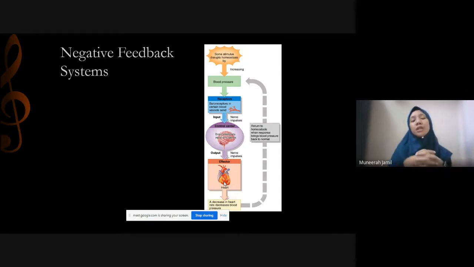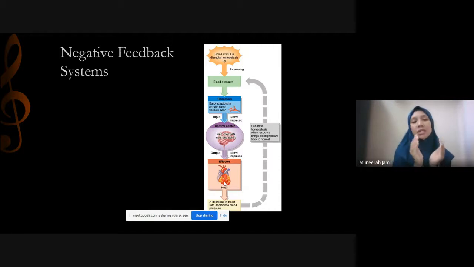Bila dia punya heart rate rendah, jadi dia tak akan pump dengan laju, jadi darah yang masuk ke dalam blood vessel tu tidaklah terlalu banyak dalam satu masa. So pressure dia tu akan berkurang. Kalau you just imagine if the heart is actually pumping very fast, when you say heart pumping, that refers to your heart rate.